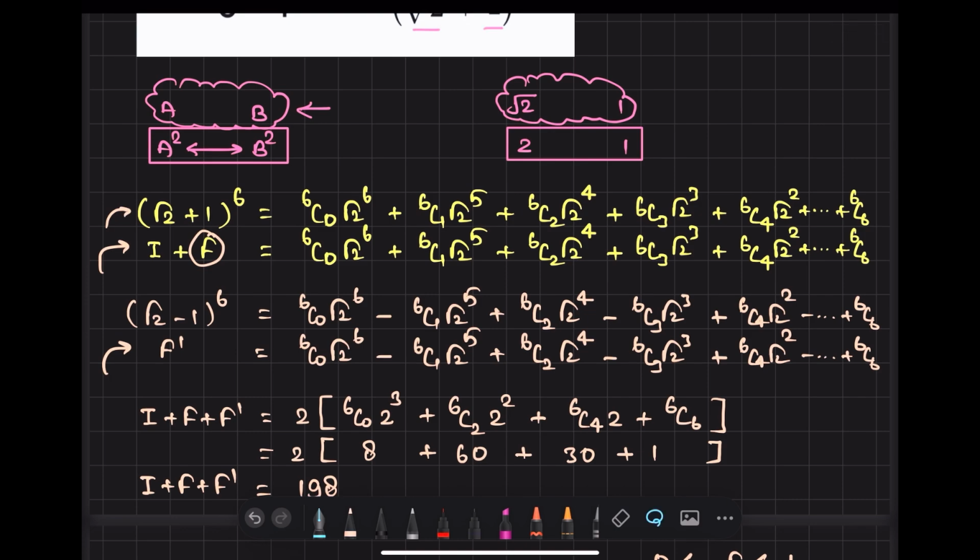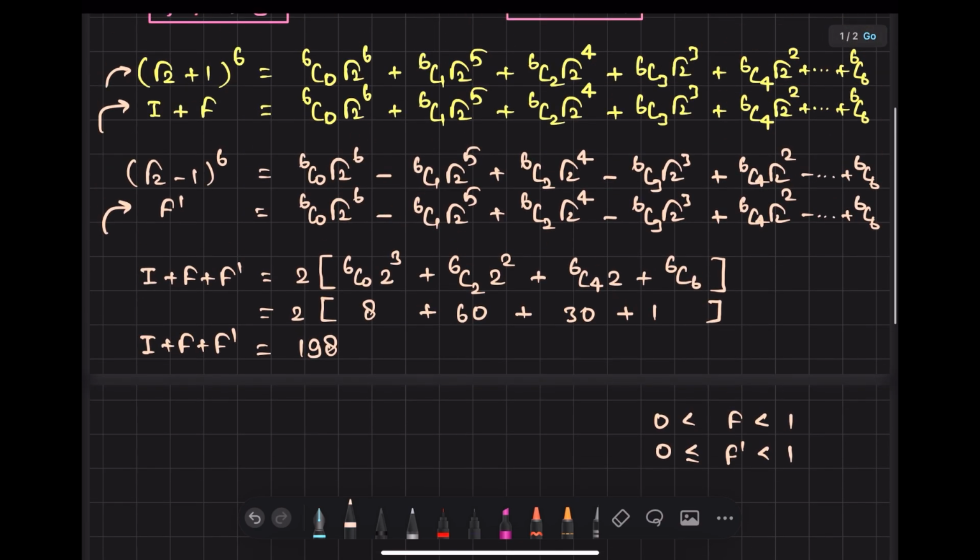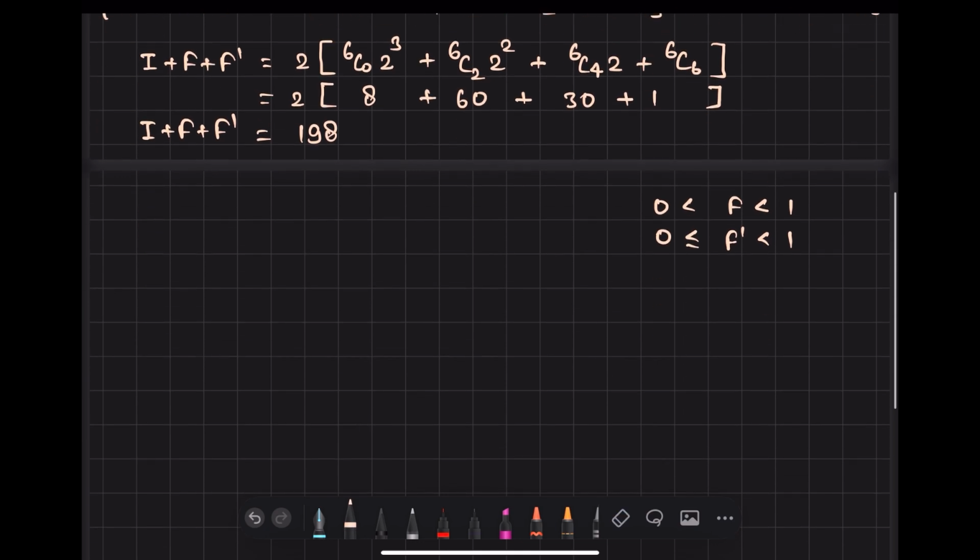It will have some value, so it is not 0. Same with this f dash. f dash is also not 0. So this will also have some non-zero quantity.